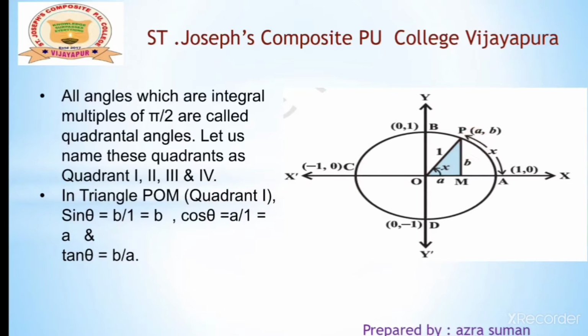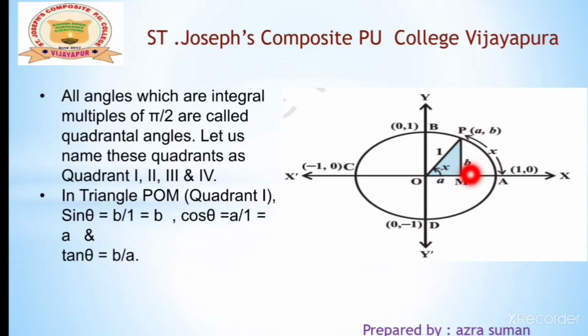So our x coordinate, that is A, is cos theta, and sin theta is B. Then tan theta is sin theta by cos theta, so B by A. Or else you can calculate using the right angled triangle: tan theta is opposite by adjacent.